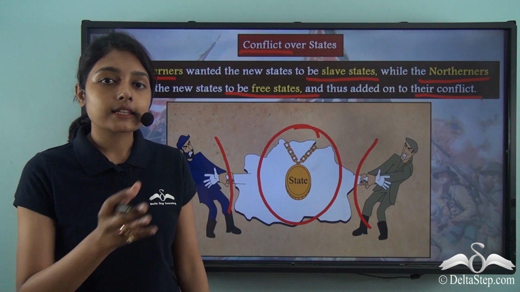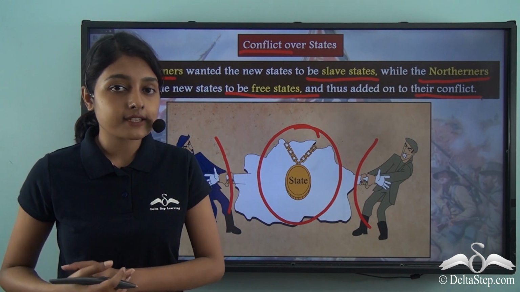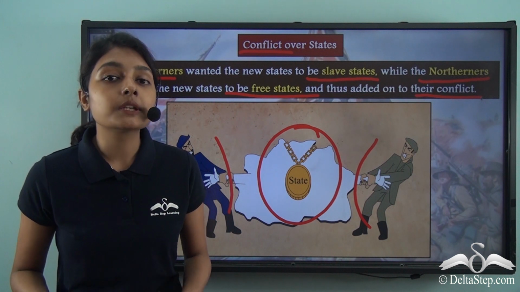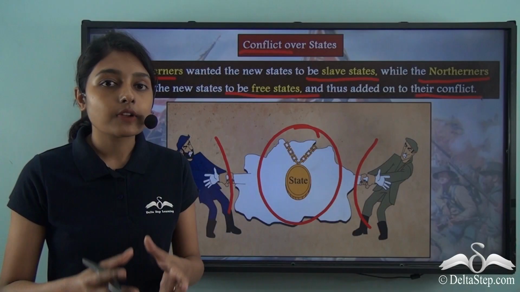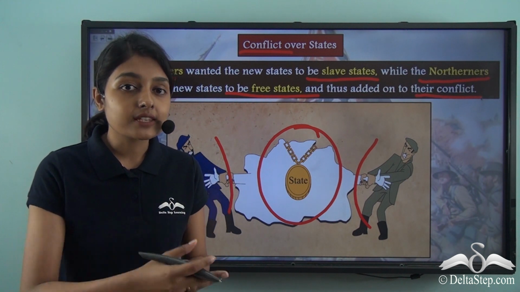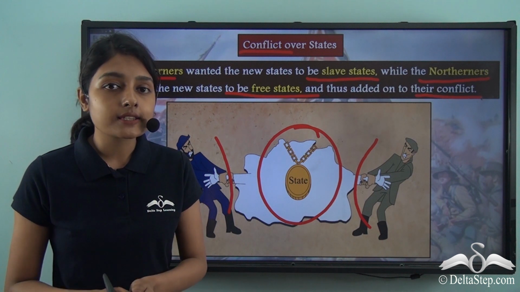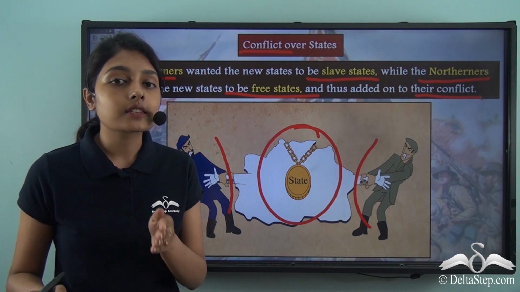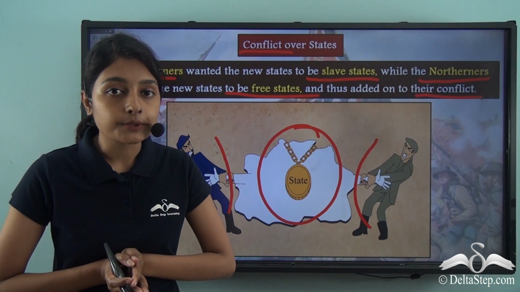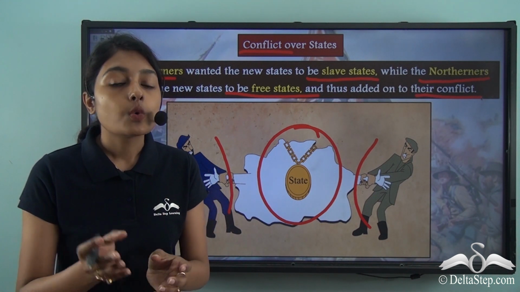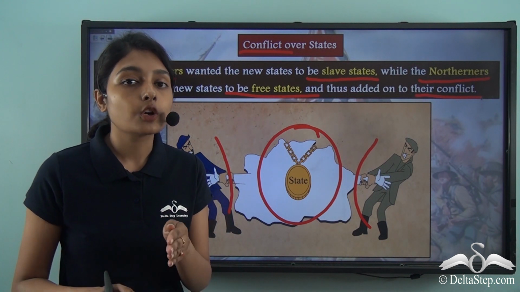The northerners and the southerners were previously divided on the grounds of the issue of slavery, and now they were being divided further on the grounds of territorial expansion, that is whether the new states would become free states or slave states. Now this is one of the biggest reasons why the northerners and the southerners completely chose to separate from each other. Let us find out what was happening because of this issue between the northern states and the southern states.